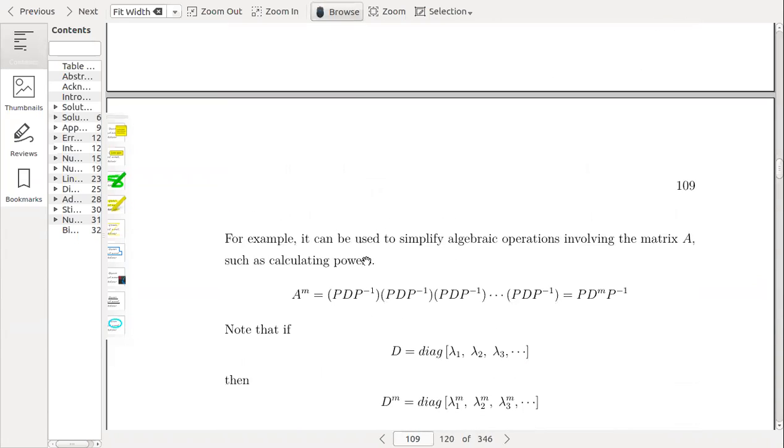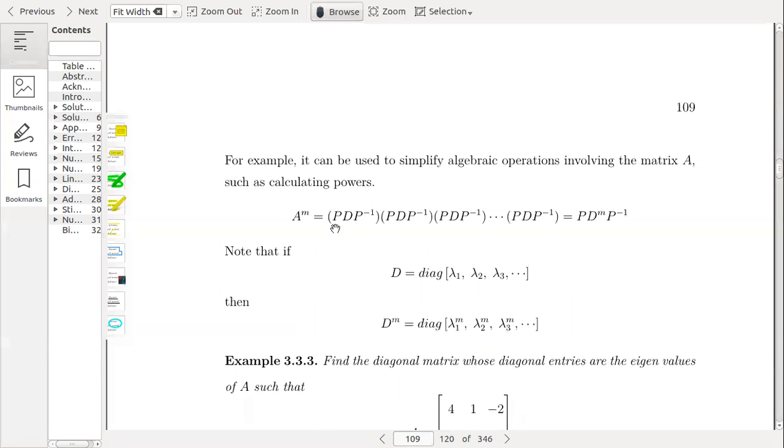For example, it can be used to simplify algebraic operations involving the matrix A, such as calculating powers.